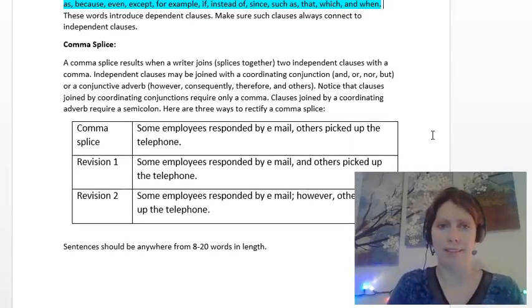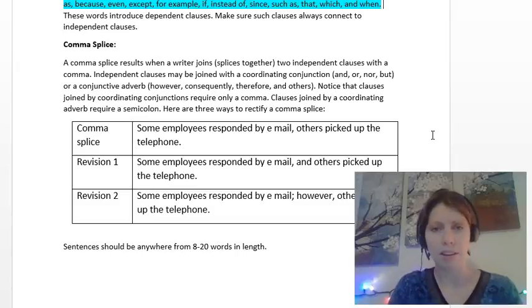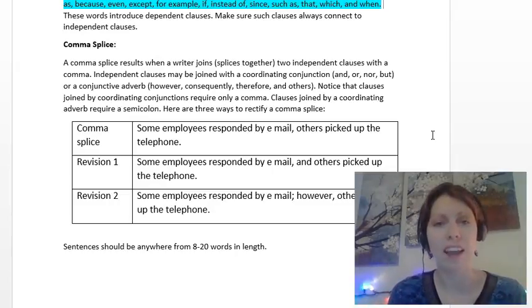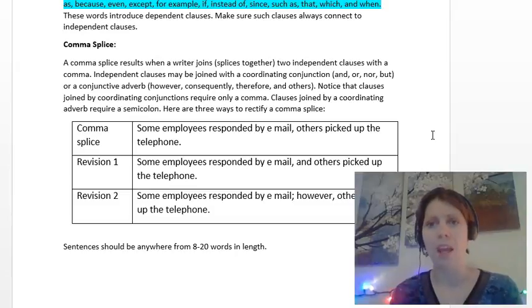And comma splices. A comma splice results when a writer joins two independent clauses with a comma. Independent clauses may be joined with a coordinating conjunction, the fanboys, or a conjunctive adverb like however, consequently, therefore, and the other ones.